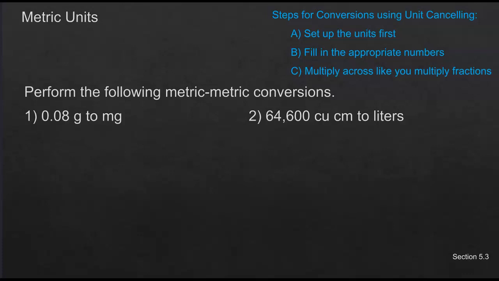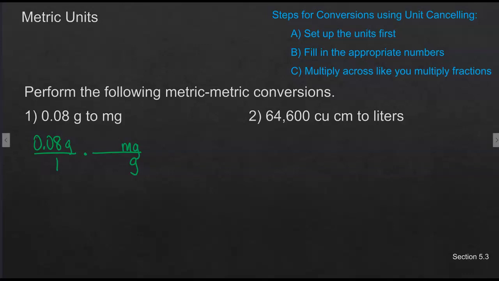All right, so let's set up this first example. We're going to write 0.08 grams over 1. We are converting to milligrams. So to cancel out grams, I need to have them diagonal from each other, and my milligrams goes here.